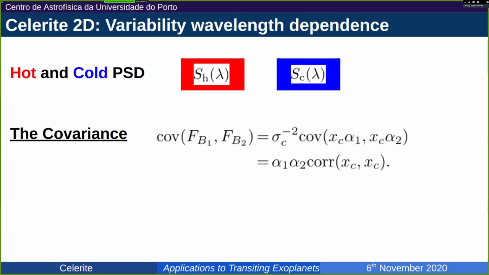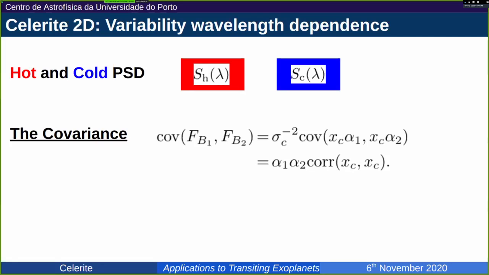With that X representing in the covariance the spectral coverage of each layer, the corresponding flux varies coherently with this power spectral density. Here we represent the time dependence in X as the cold component, but the relation between the cold and the hot component is only X of C is equal 1 minus X of H. So the sum of the two has to be 1.